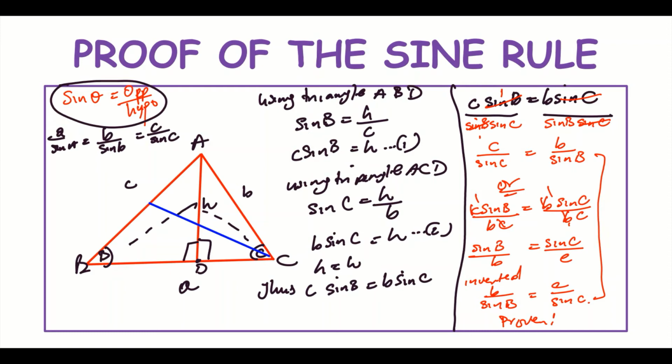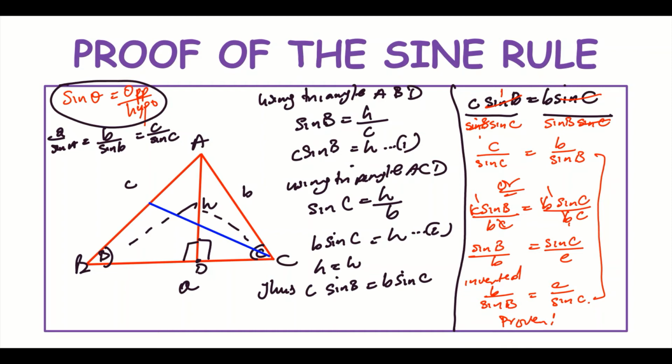But if I drew my perpendicular line from C to the line AB, then I'll now have the angle A and be able to find sine A. But because of algebraic symmetry, we can simply deduce that A over sine A is equal to C over sine C, which is equal to B over sine B. And no matter what way you want to put these three ratios, they are equal to each other nonetheless.